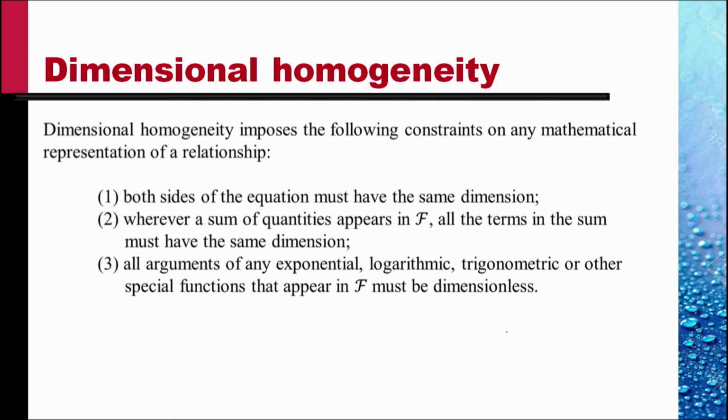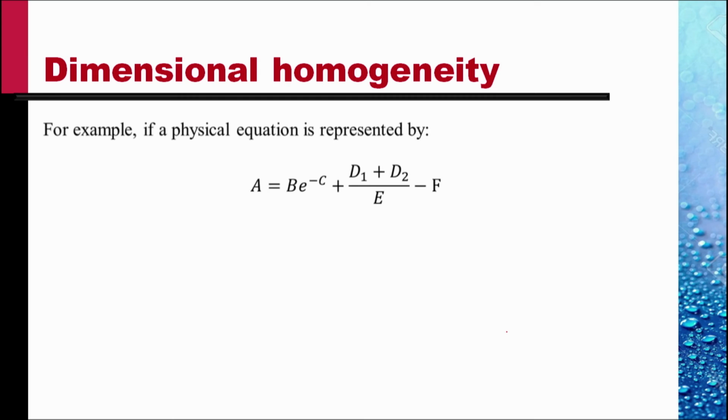Similarly, for trigonometric functions and logarithmic functions. For example, let's say a physical equation is represented by A is equal to B times e raised to power minus c plus d1 plus d2 divided by e minus f.